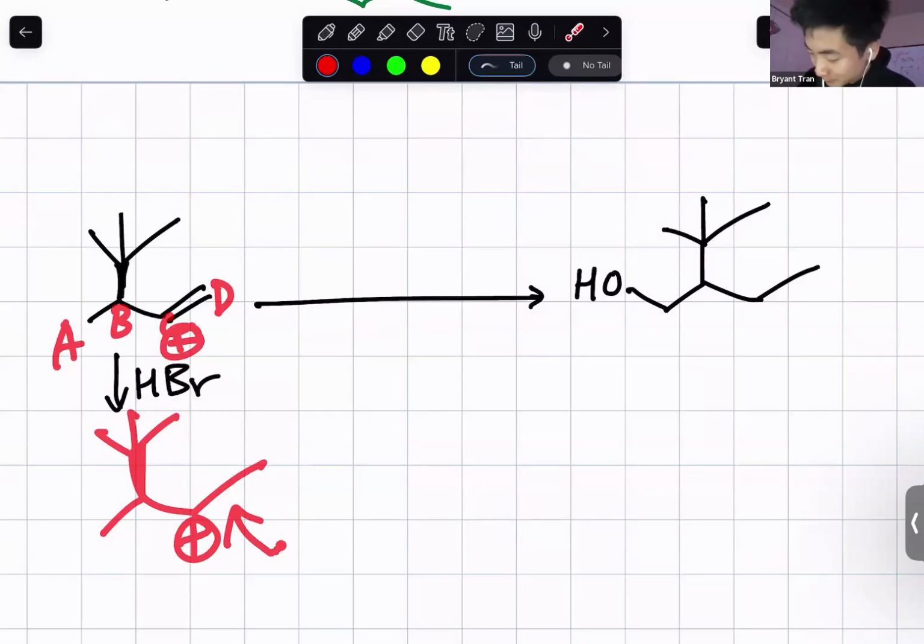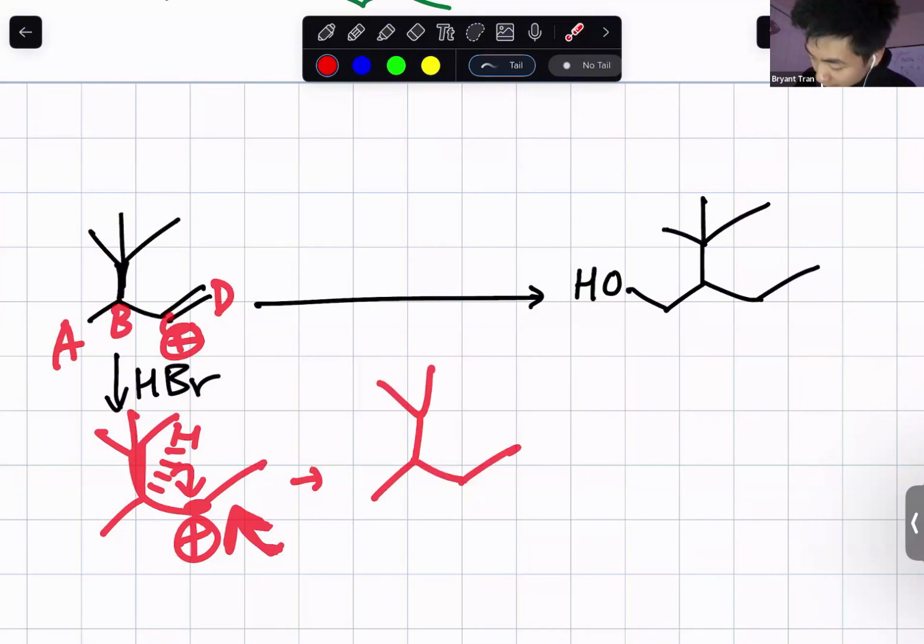This step is the step that we have to watch out for, especially once we have this carbocation intermediate right here. We've got to look out for any rearrangement steps like a hydride shift or methyl shift. So this hydrogen right here on the left side that's invisible can do a hydride shift right there, forming a carbocation right here.